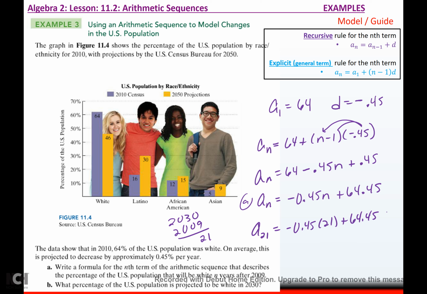So if I type that, negative 0.45 times 21 plus 64.45, and you get a sub 21 is 55. So by the year 2050, they're projecting only 55% compared to 64% will be white.